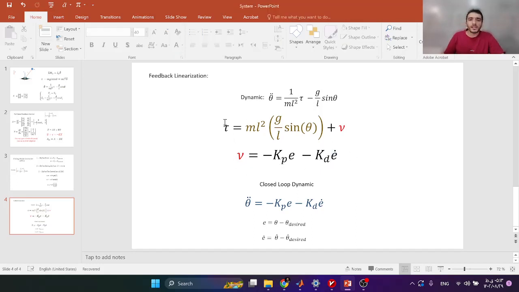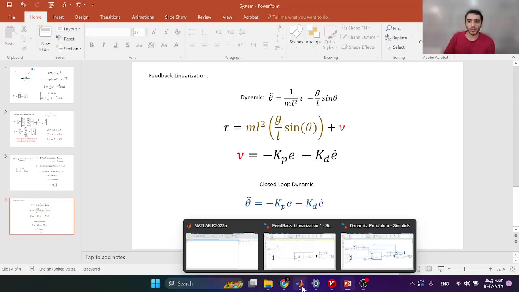If we implement this tau in the dynamics of the system, we will arrive to the closed loop dynamics like this. And actually by regulating these kp and kd here, we can arrive to the performance that we wanted, and the system will be controlled in this situation.